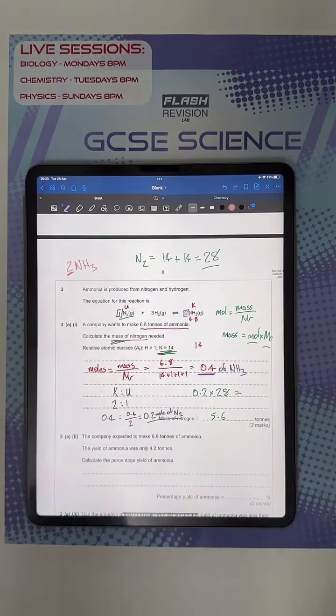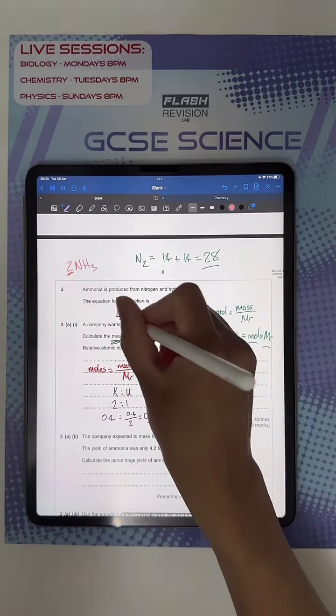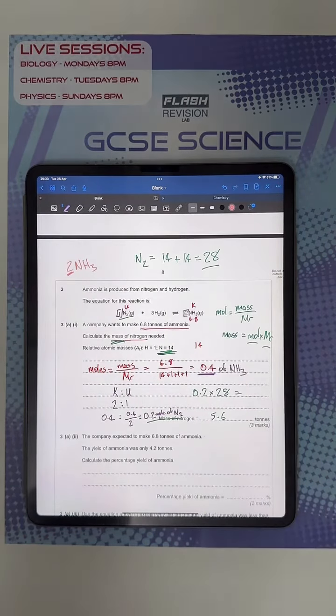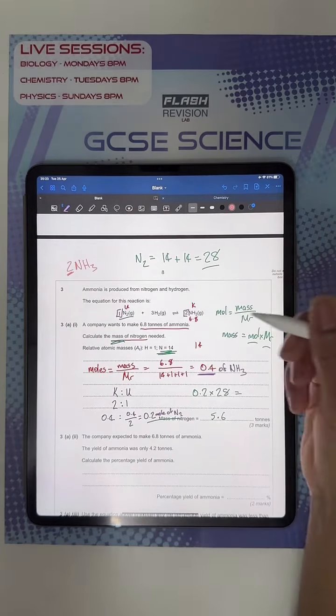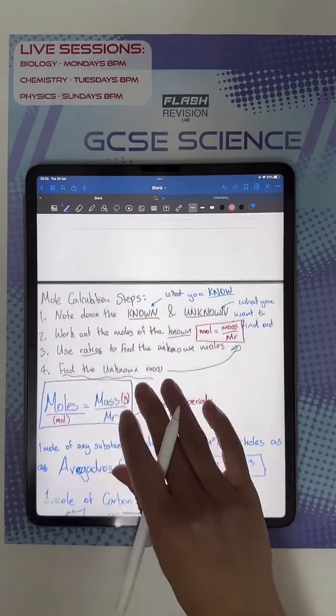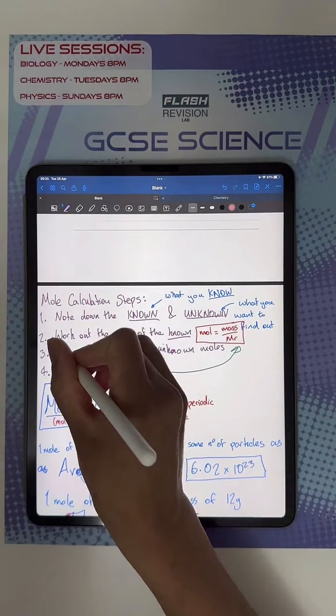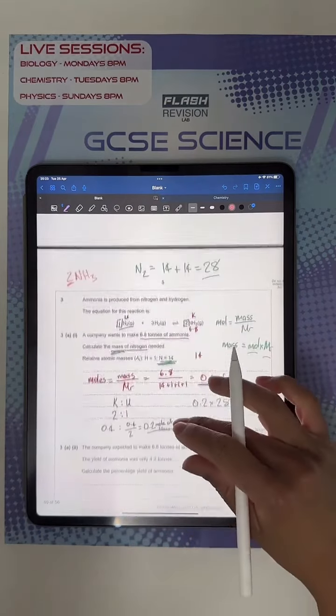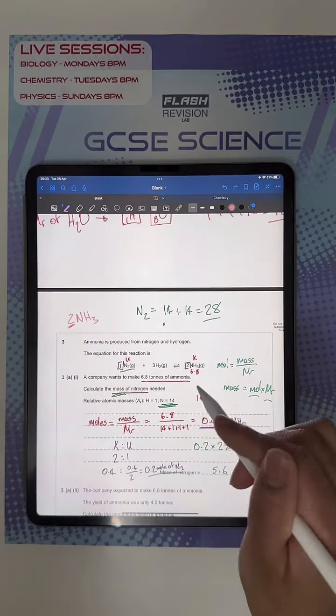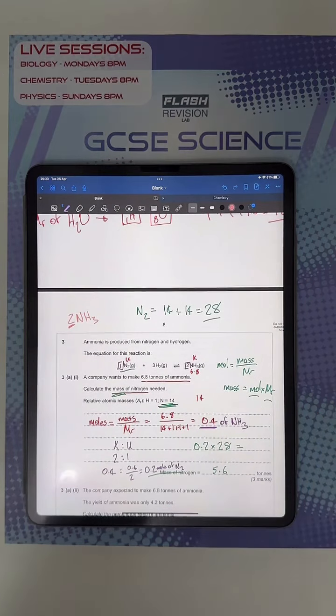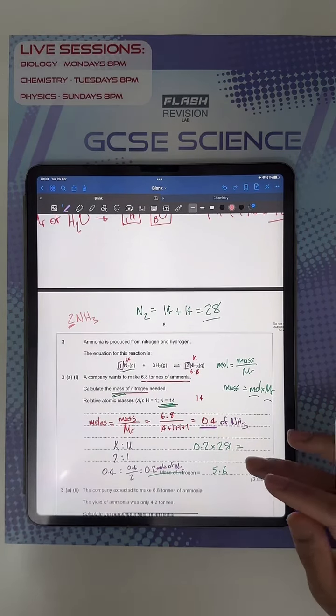This 2, we use for the next step, the ratio step. So we do take it into account, but only in step 3. In step 2, you don't need to times it by 2, otherwise you'll be timesing it by 2 twice unnecessarily. Okay, good. People are understanding.